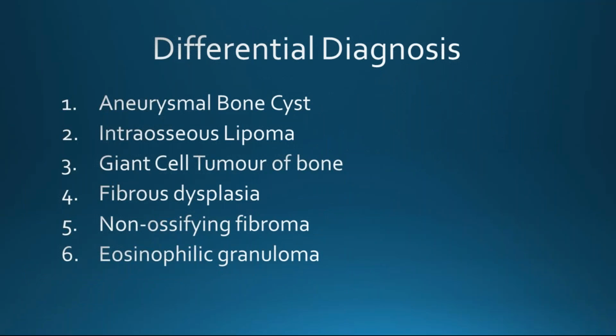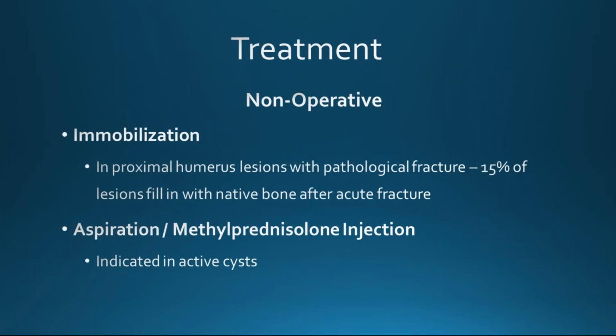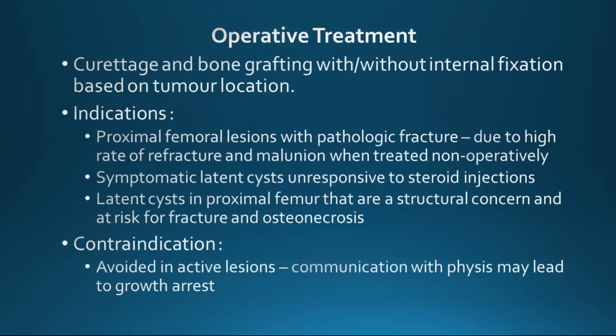CT scan adds little. Differential diagnosis: aneurysmal bone cyst, GCT, intraosseous lipoma, non-ossifying fibroma. Treatment: non-operative if less than 15% is involved. Steroid injections. Operative if the majority of bone is involved.